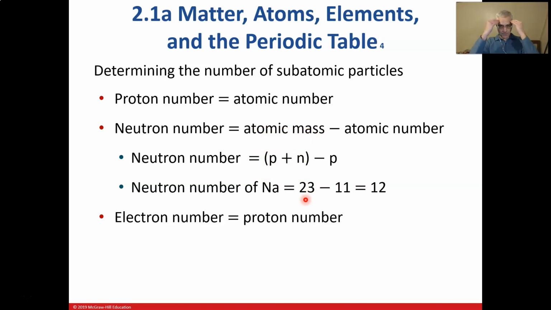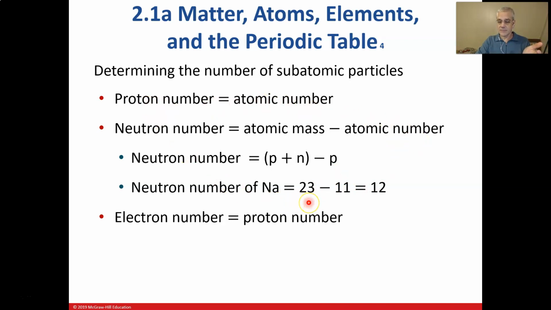And they say, well, sodium, the element sodium, or an atom of sodium, has 23. Its atomic mass is 23. What do we know? That's protons plus neutrons. So it weighs 23 atomic mass units. But I also know that the atomic number is 11. Well, the atomic number is the same as the number of protons.